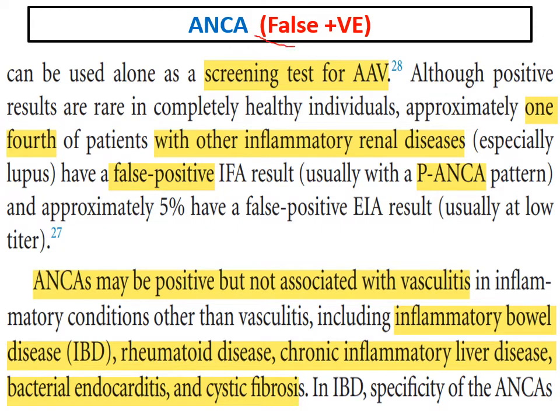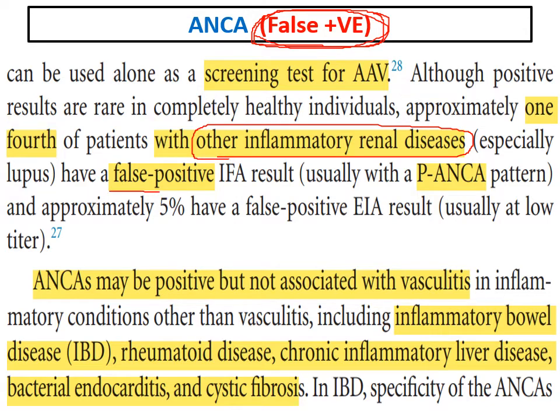Now let's discuss, is there a possibility that this ANCA test can be false positive? In other words, can ANCA be positive in other conditions other than vasculitis? Yes, ANCA can be positive with other inflammatory diseases other than vasculitis, can be false positive, and usually what is the positive, C or P? Usually it is P-ANCA that can be positive with other inflammatory conditions.